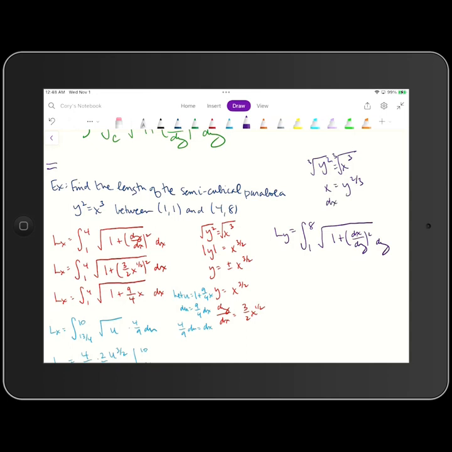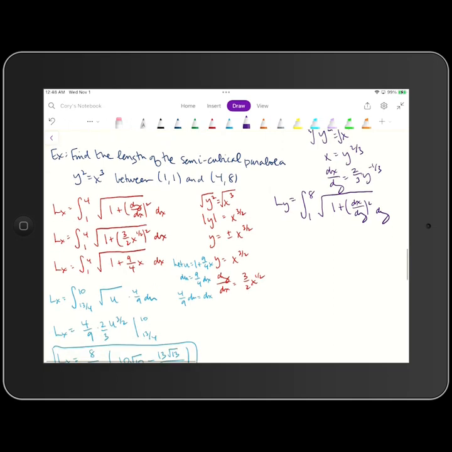And then the derivative of x with respect to y is going to be 2/3 y raised to the negative 1/3 power. So we're just going to plug that in for dx over dy in our arc length formula.